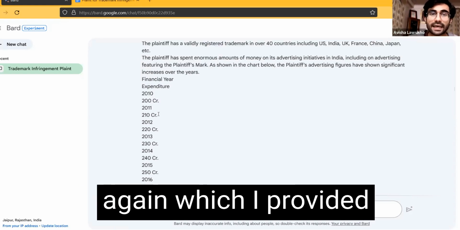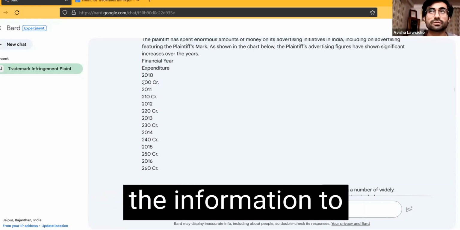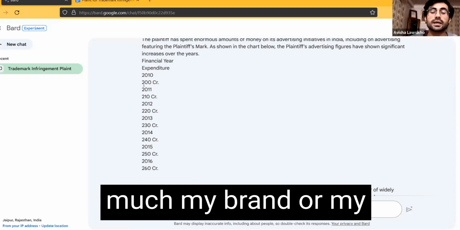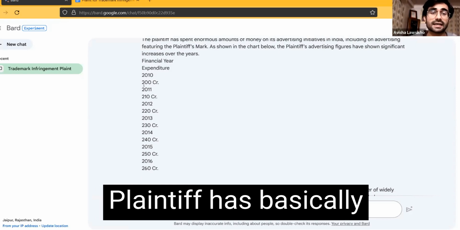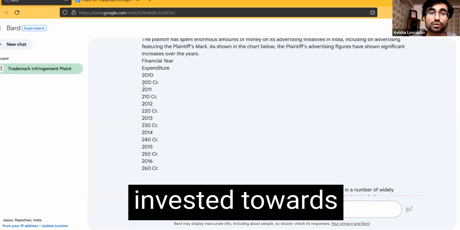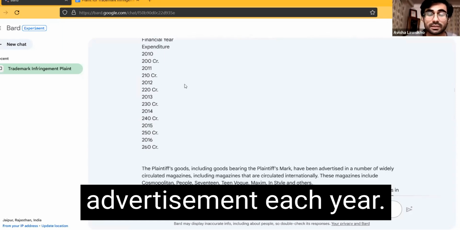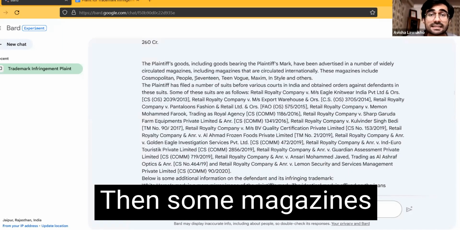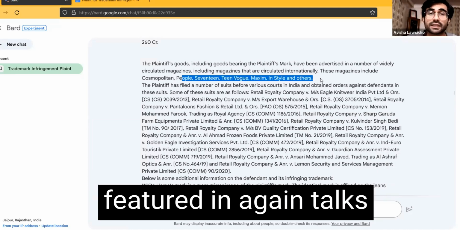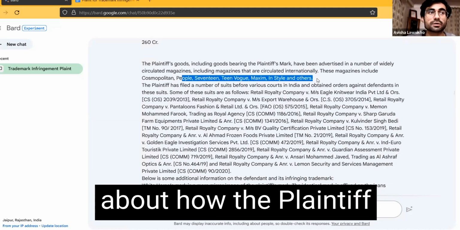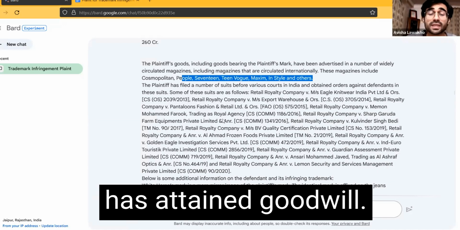So this is something which I provided the information to it, that this is how much my plaintiff has invested towards advertisement each year. Then some magazines that the plaintiff has been featured in again talks about how the plaintiff has attained goodwill.